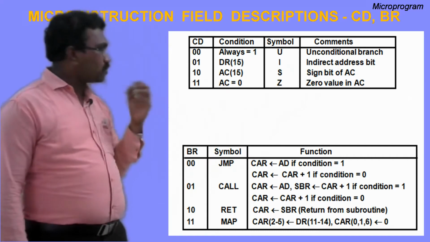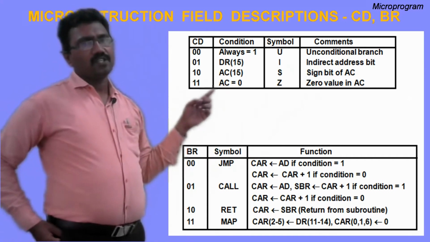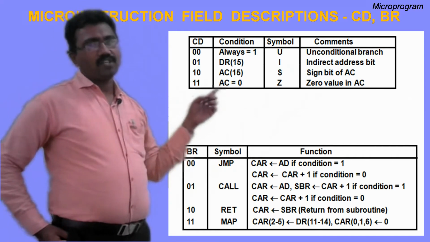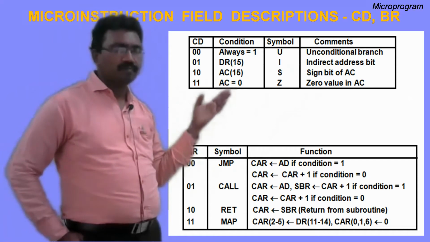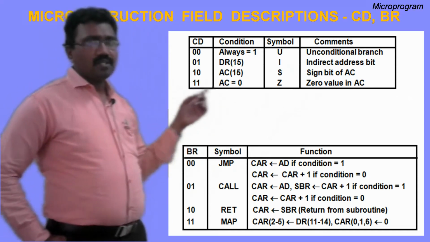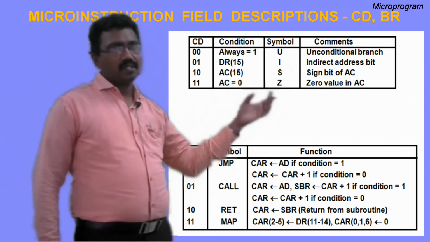Next, the last combination of the conditional field is 1 1. That means the condition is whether AC content is 0 or not. If AC content is not equal to 0, the condition is false. If AC content is equal to 0, that means the condition is true.